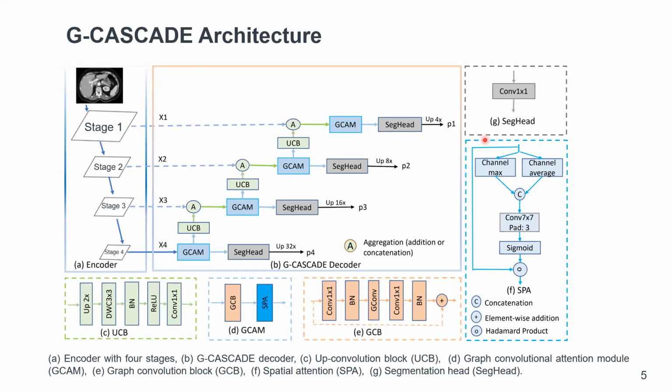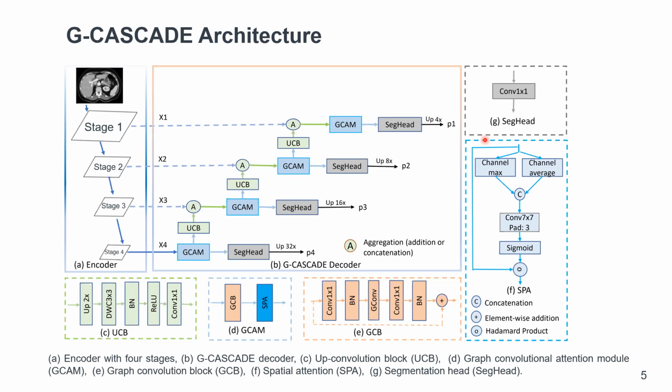Here is the G-CASCADE architecture. We get help from existing encoder backbones. We extract features from 4 different stages of the hierarchical encoders and then feed them to our decoder.